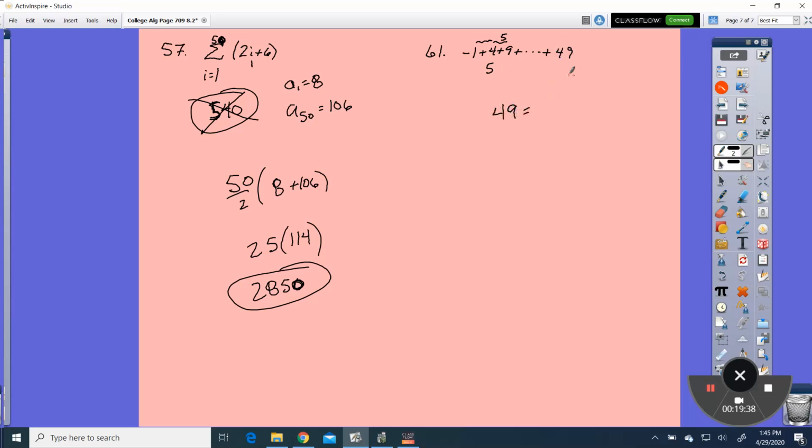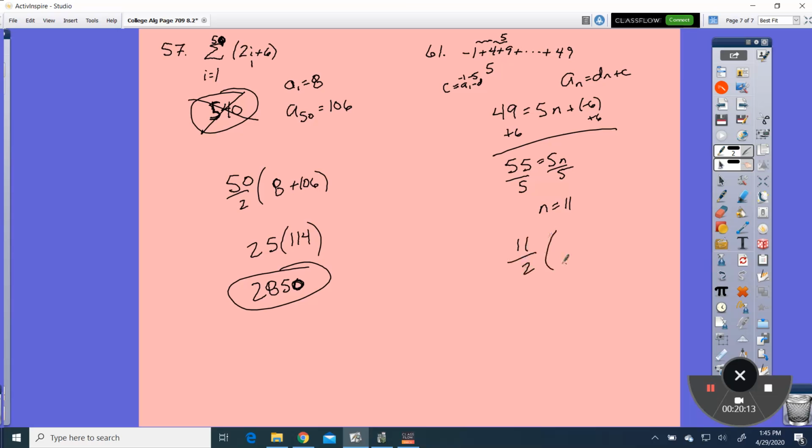I'm going to work backwards. AN equals DN plus C. So my last number is 49. My difference is 5. I don't know which term it is. And I know the term before this one, C equals A1 minus D. So negative 1 minus 5 was a negative 6. So then I can add 6 to this. 55 equals 5n. Divide it by 5. So n equals 11. So I've got 11 terms.